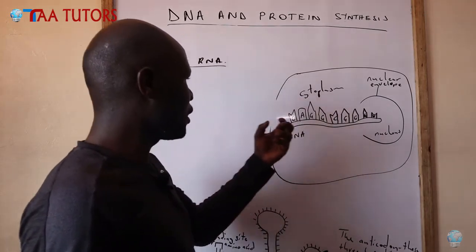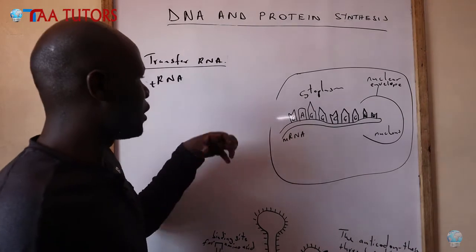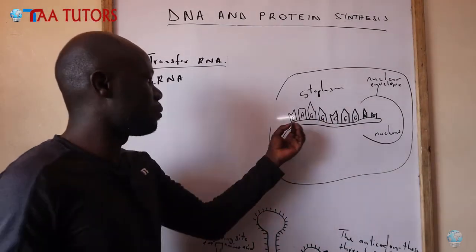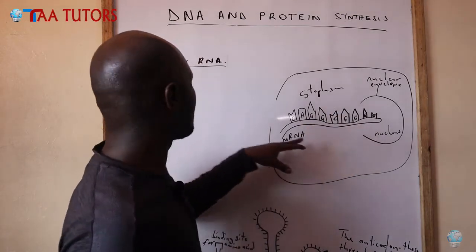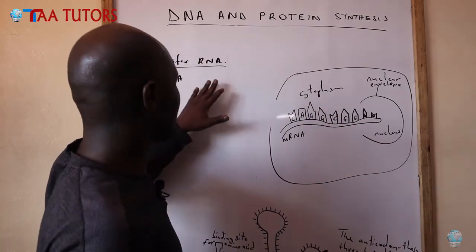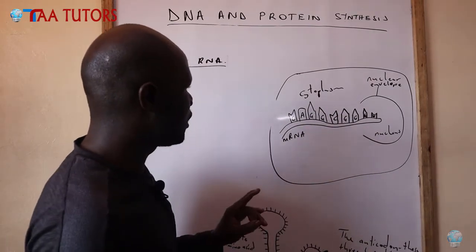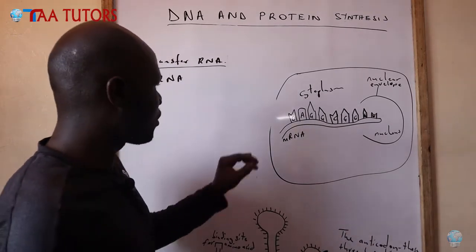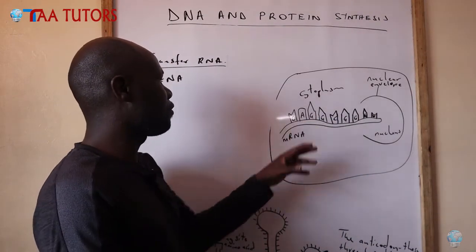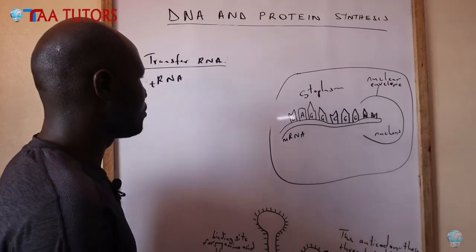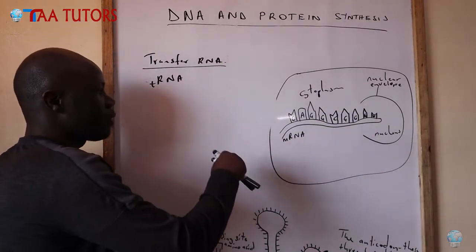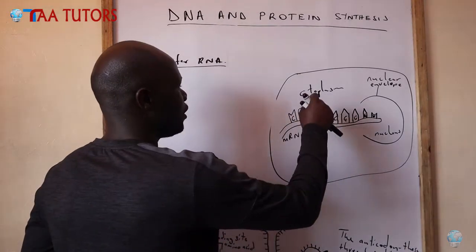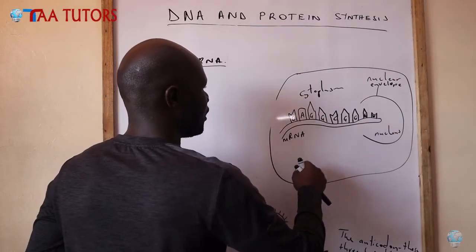So when the messenger RNA comes up with it, it brings those particular codes out of the nucleus, and then I will say that we get the transfer RNA, whose work is to, first of all, collect the amino acids that are found within the cytoplasm, and then it has the anticodes that is going to help us in translating the information that is coming from the nucleus.